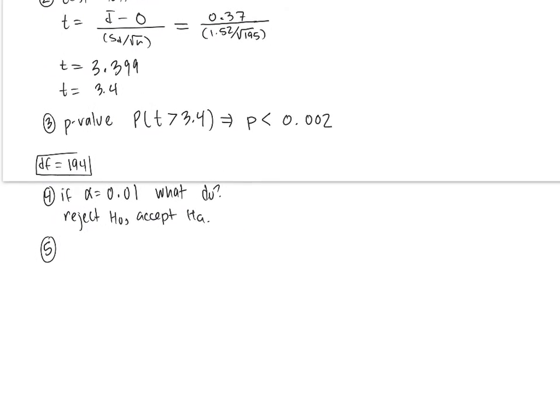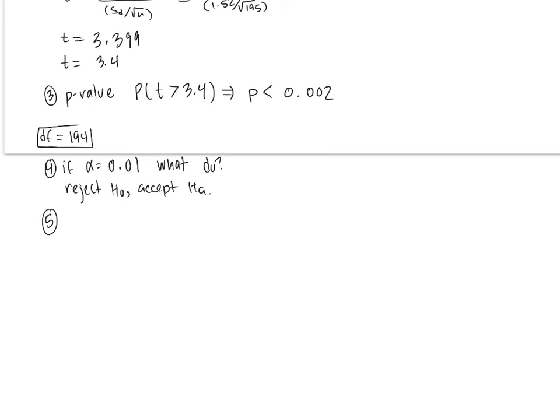And I'll number these steps in your test so you don't have to memorize what they are, just how to do them. Does that make sense? Okay, so for 5, just interpret what this means in the context of the situation a little bit. What does it mean to accept HA? What are you saying happens? There is weight gain over the holidays.